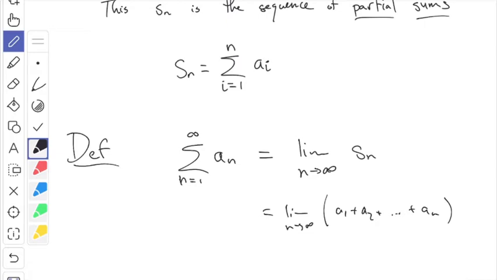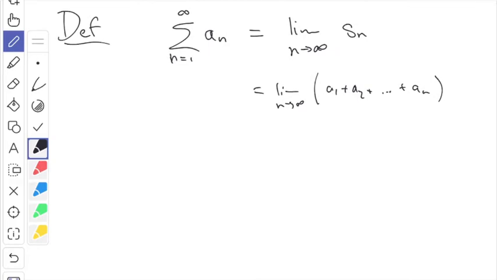This is the definition of the series, and because it is a limit of something, let me just point out, it may converge or diverge. Everybody knows that limits sometimes converge and sometimes diverge, and therefore the same is true of a series. Sometimes the series converges, and sometimes the series diverges, according to whether that limit exists or not.